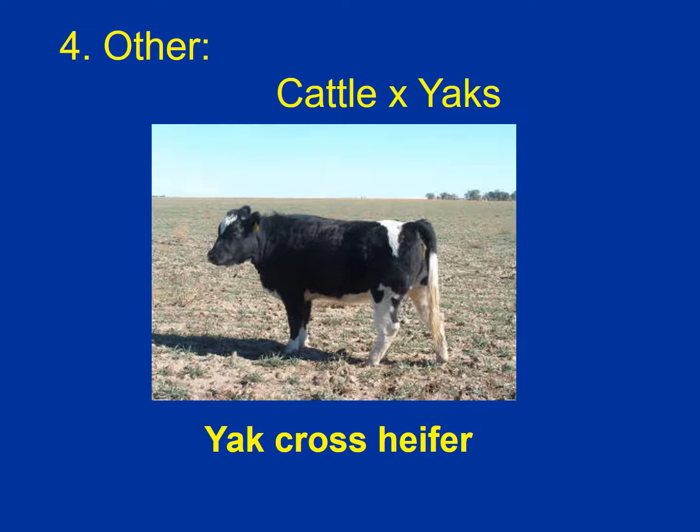Another cross that has been promoted somewhat but hasn't really become very popular is crossing cattle with yaks. And so here's a picture of a yak cross heifer. Got more hair on the tail. Yaks are smaller than cattle. And the whole idea was you'd have a more vigorous type animal that you could use in a fixed cross where the beef cows were half yak.